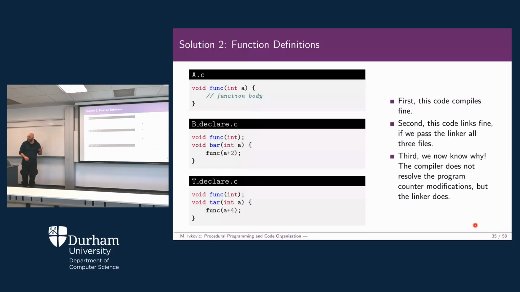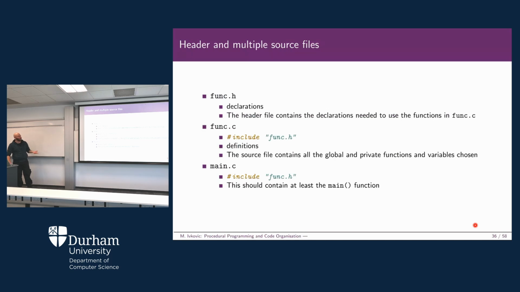Yeah, so this time it works out. Now, in general, how is a program structure supposed to look like? So we've seen now you can forward declare things, and this is what we typically do in what we call header files.